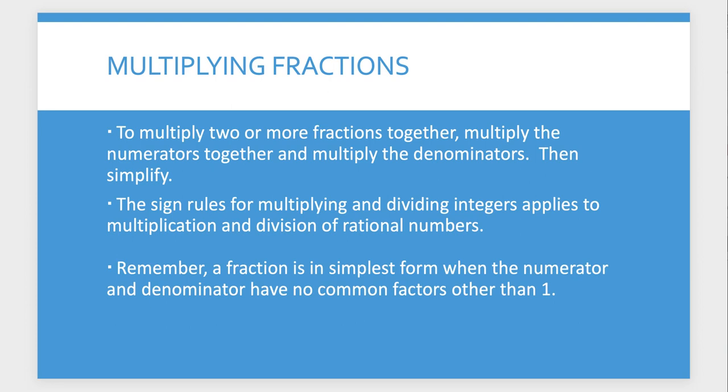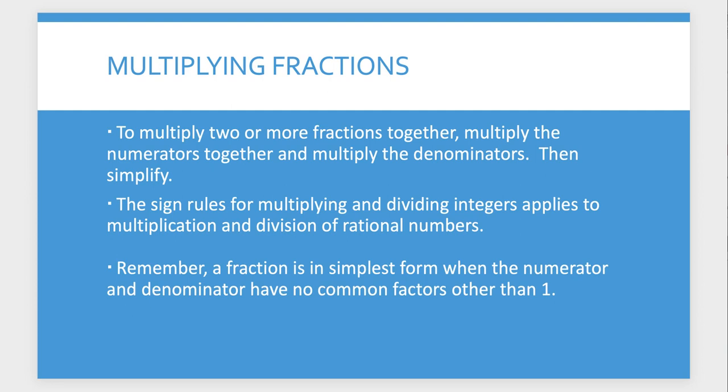One thing to remember when you're multiplying or dividing fractions, it's the same rule for signs that we apply with multiplying or dividing integers. When we multiply like signs, positive times positive or negative times negative, we get a positive answer. When we multiply unlike signs, a positive times a negative, we get a negative answer.